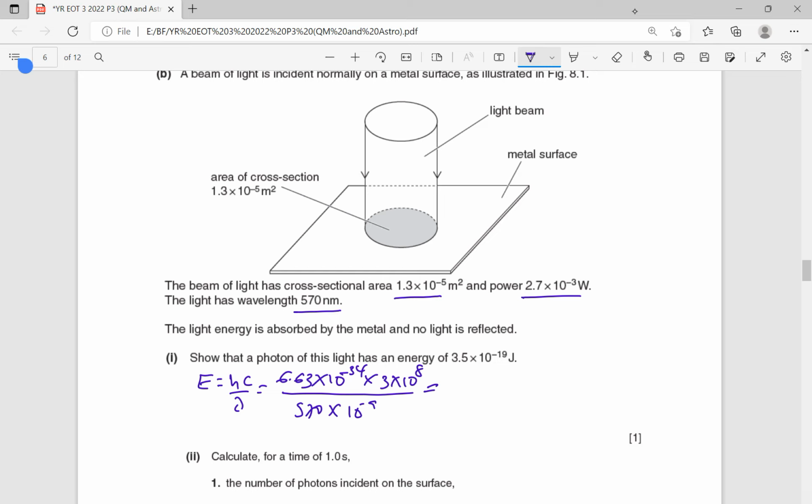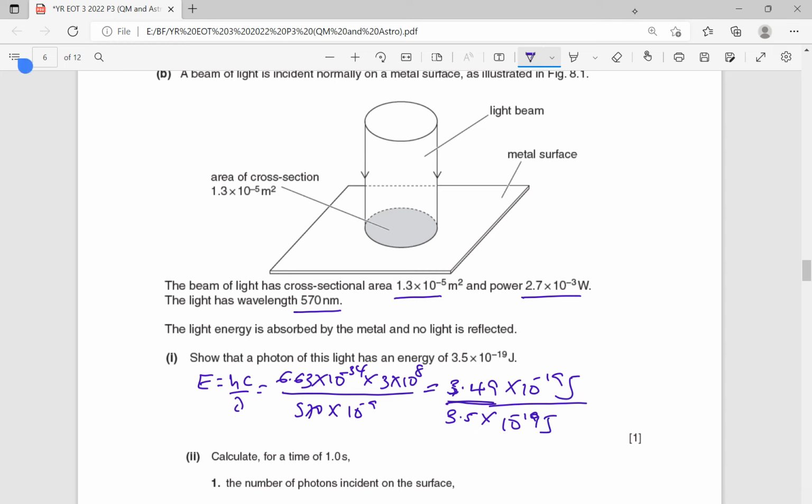When you press your calculator, you most likely get 3.49 times 10 power negative 19 joules, which to two significant figures rounds off to 3.5 times 10 power negative 19 joules.